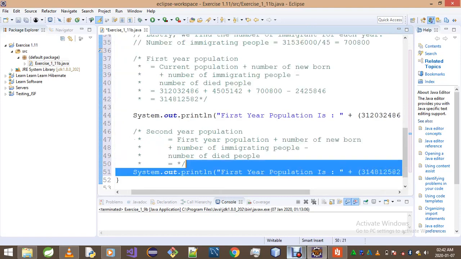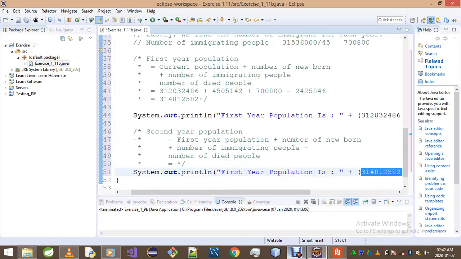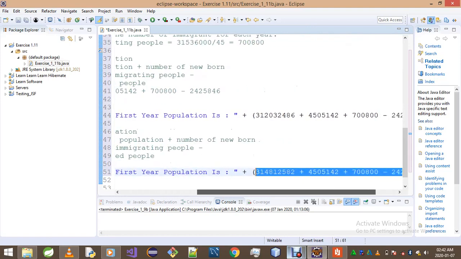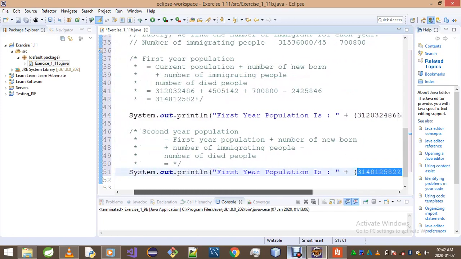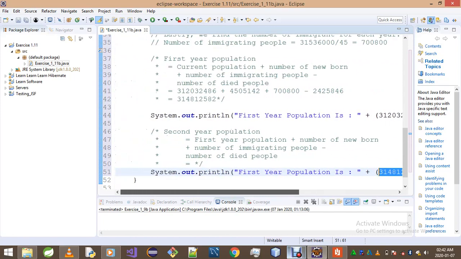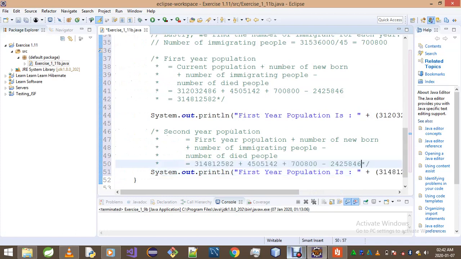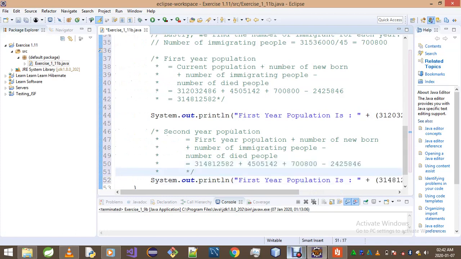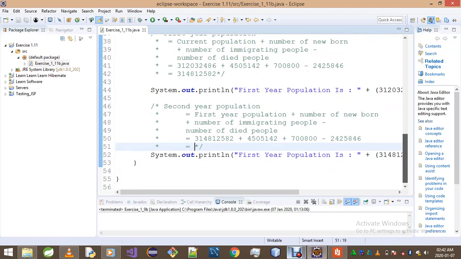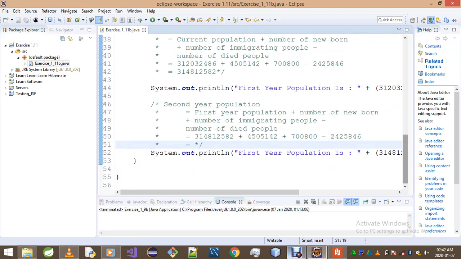Well, the reason why I'm doing it this way is simply because I had a calculator and I wrote down these numbers and also their final output so that it's going to be easier for me. I didn't want to go back and forth from a calculator application to this IDE.